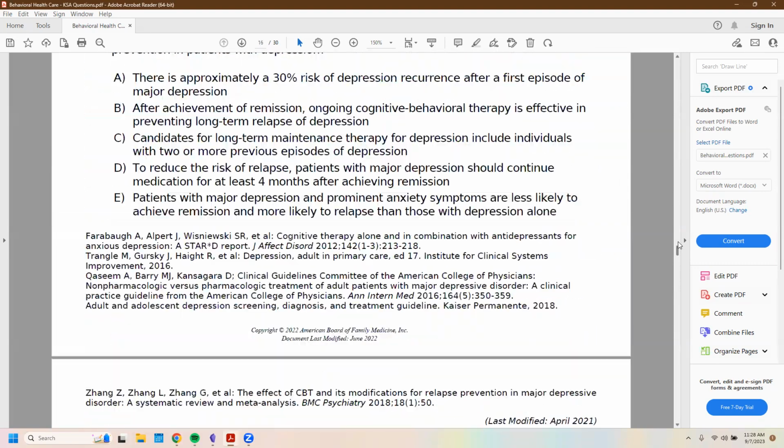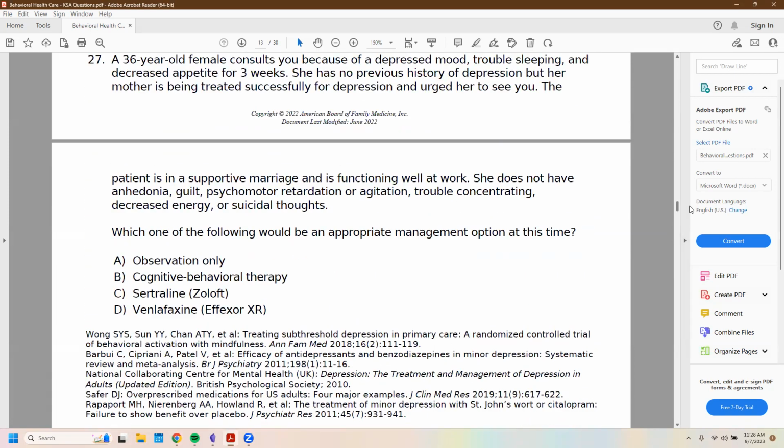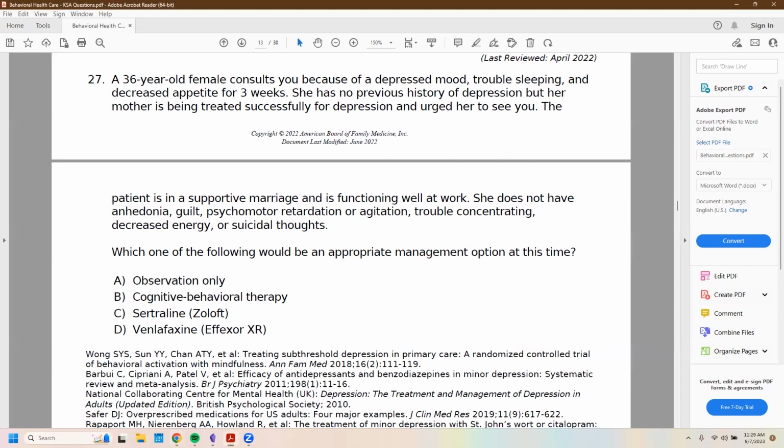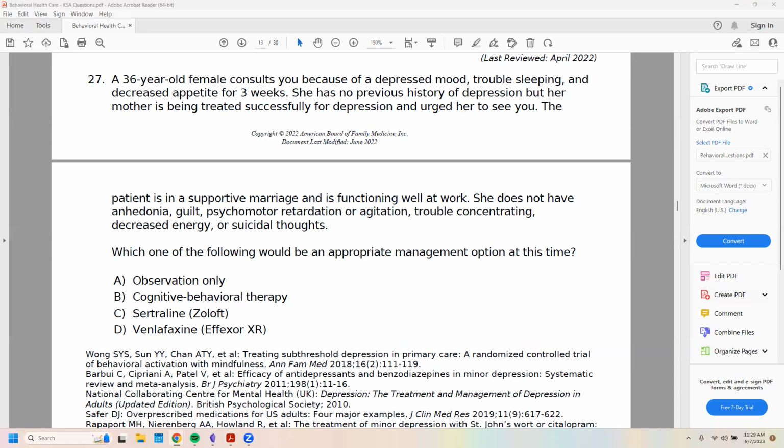What do y'all think on this one? I hear a B. What else?